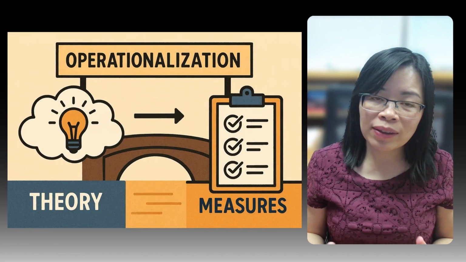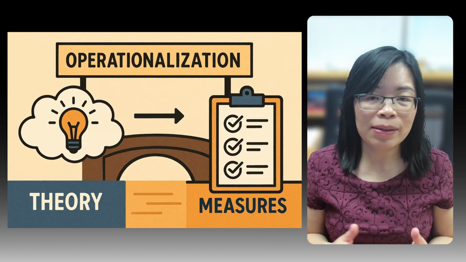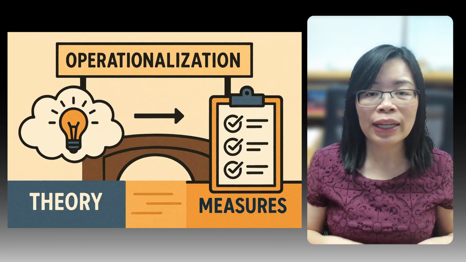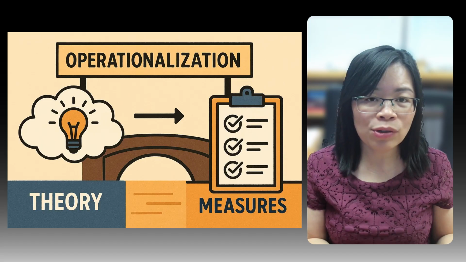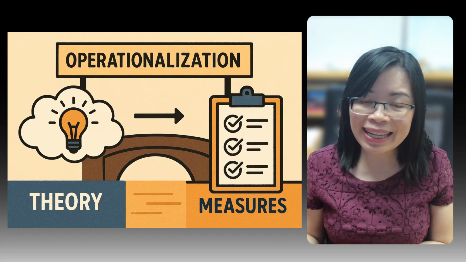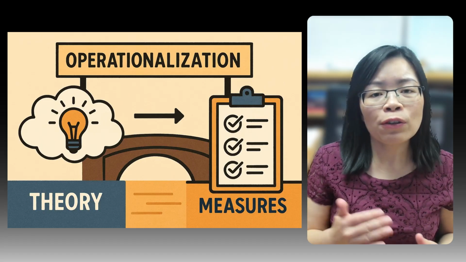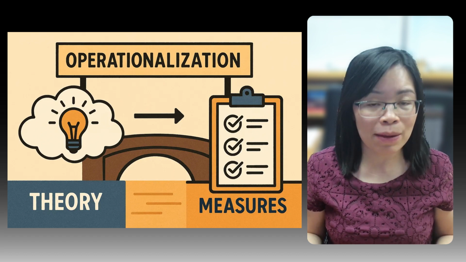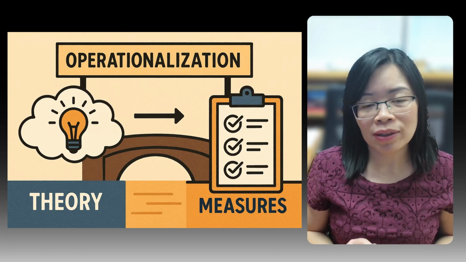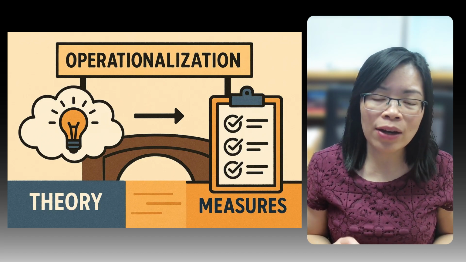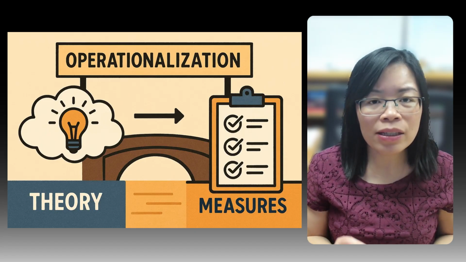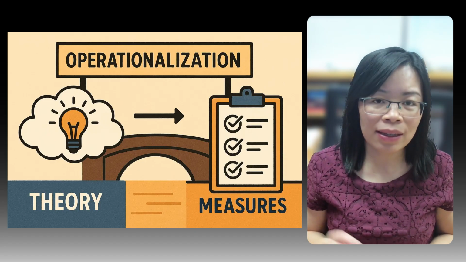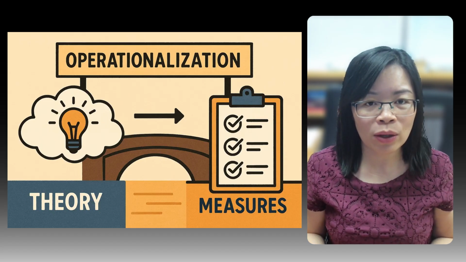One of the important junctures where theory meets method is operationalization, which is the process of turning abstract theoretical constructs into concrete indicators or measures. In video 4 of this series, I discussed the importance of defining ambiguous constructs. Now we focus on measurement. The key is construct validity, the extent to which your empirical measurements truly represent the theoretical constructs in your theoretical framework.